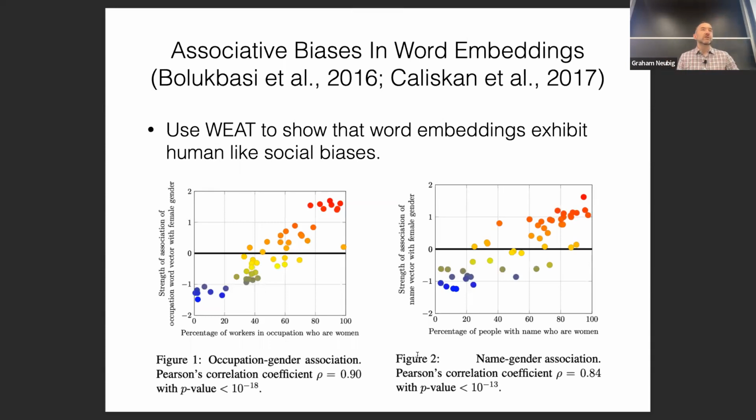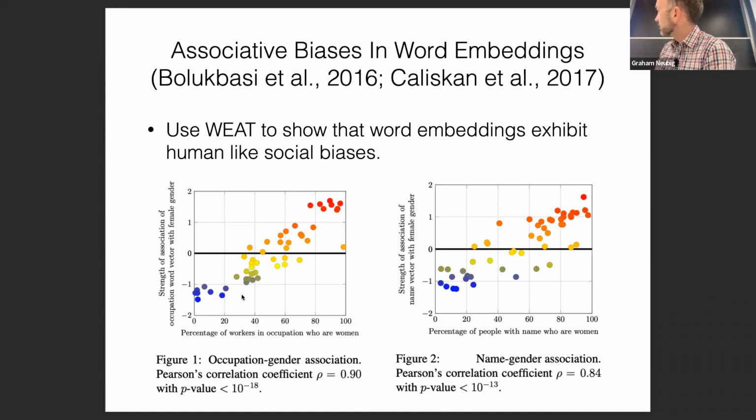So what we can see here is that in word embeddings, there are associative biases. The graph here is showing the associations: the percentage of workers in a particular occupation who are women, and the strength of the association of the occupation with female genders.